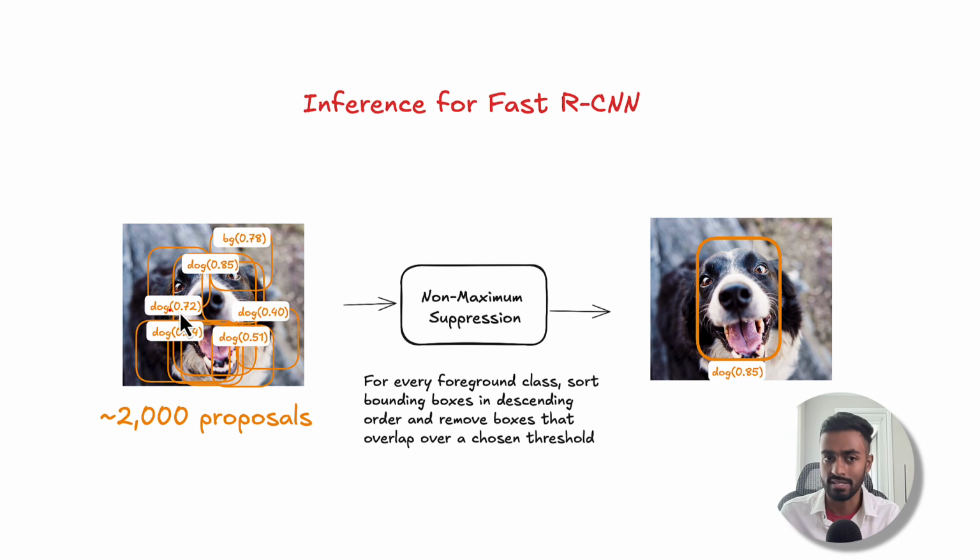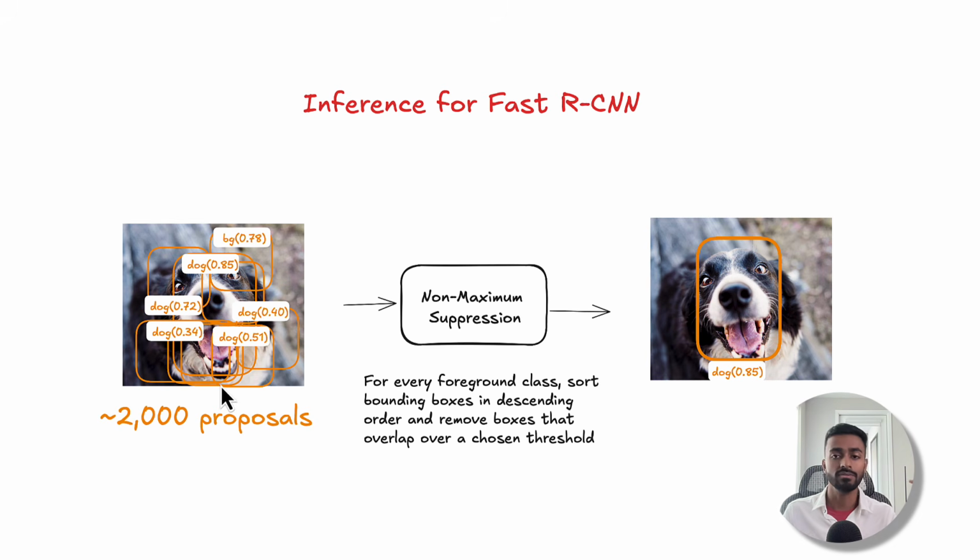Next highest score is this 0.72. It has a large overlap, over some chosen threshold that we choose appropriately. That means that if it's a huge overlap, we exclude the bounding box. Same with the next, 0.51. A large overlap with 0.85, exclude it. 0.4, large overlap, exclude it. 0.34, large overlap, exclude it.